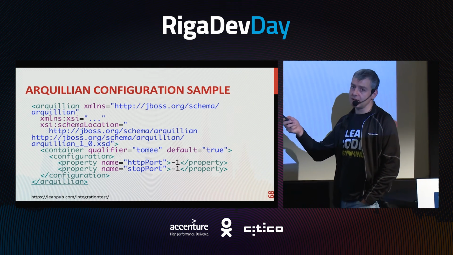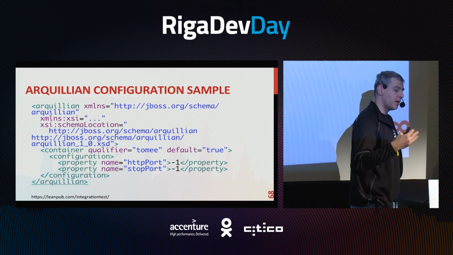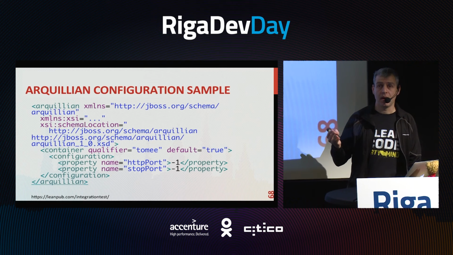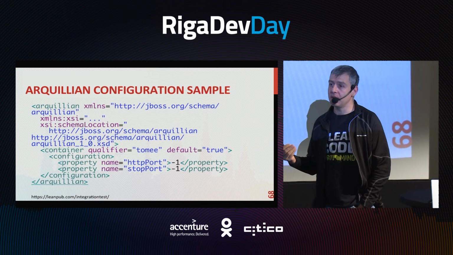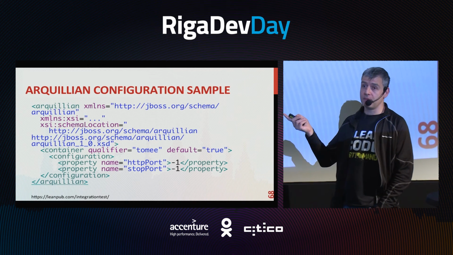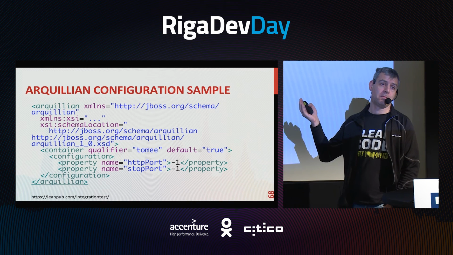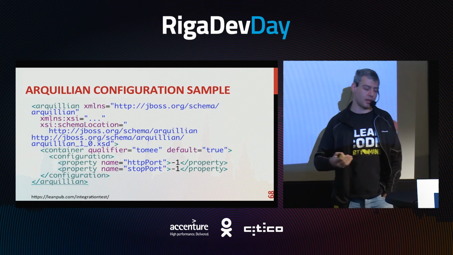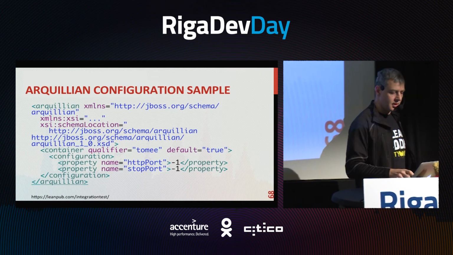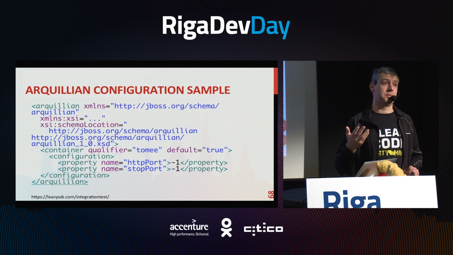So by using that, and in conjunction with the previous slide, when I run my integration test, Arquillian will download Tomee, start it, run the test on Tomee, and stop it afterwards. And so in this case, you will do everything in container. And this is the highest test that you can do.